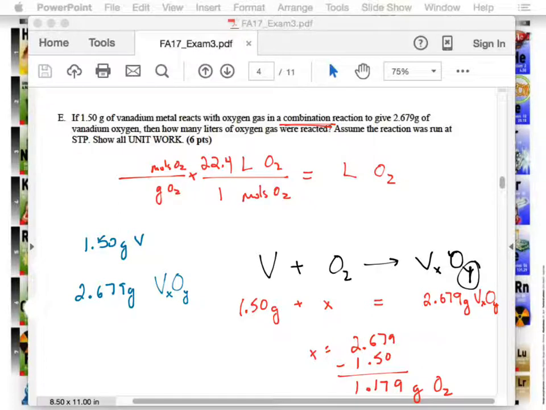So I would need a conversion factor to get rid of the grams of O2. Where do I find the conversion factor between grams and moles? Periodic table, and I find out it's 32 grams per 1 mole. Where do I get the number associated with the grams of O2? From our law of conservation of mass, 1.179 grams.